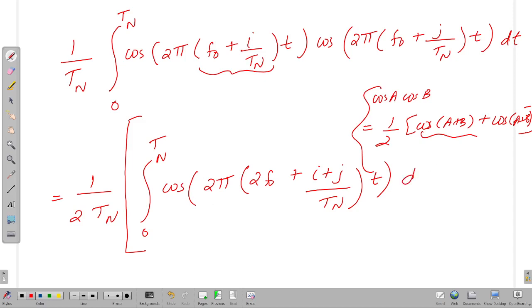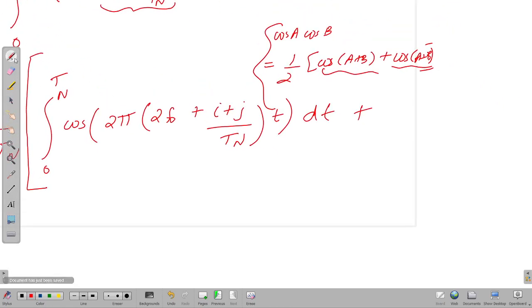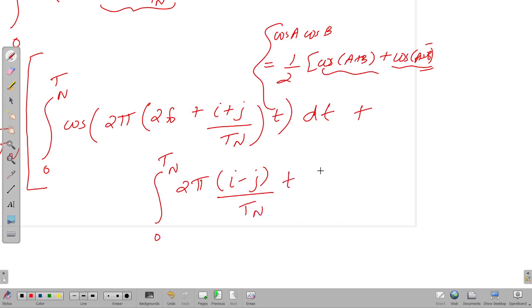So that is the first integral, dt. And you have the second part, cos(a minus b), having this equation: integral 0 to Tn, cos 2 pi into (I minus j divided by Tn) into t, dt.